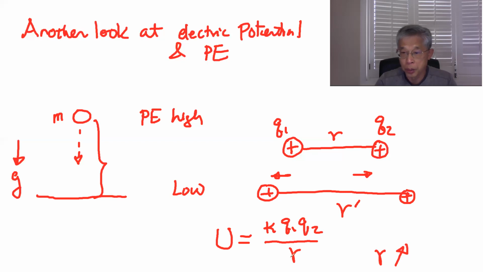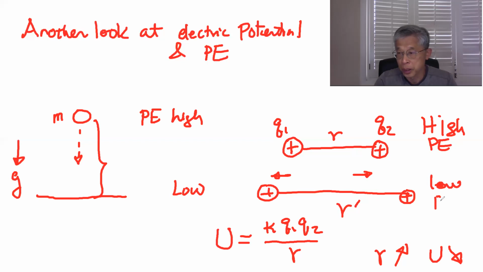So when R increases, the U will go down. You can see we are going from high potential energy to low potential energy. So there is some analogy here.